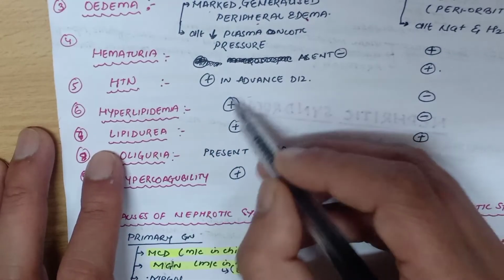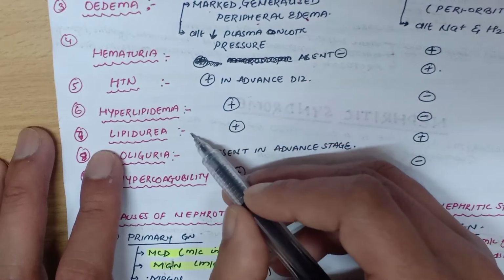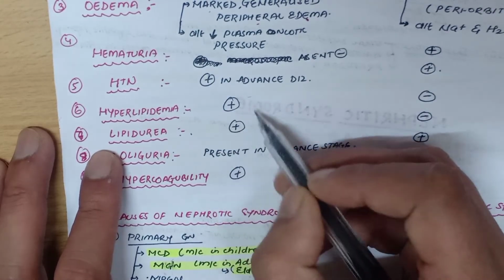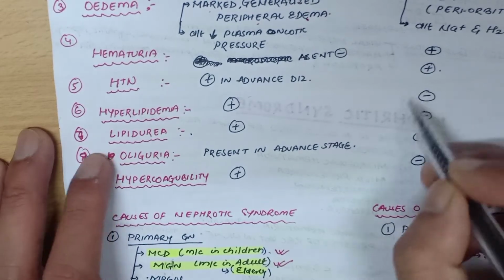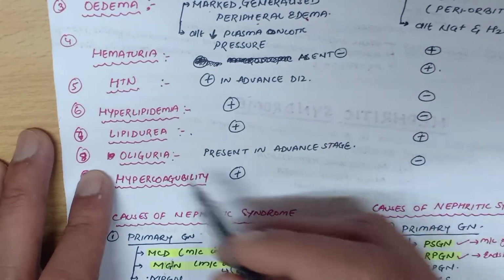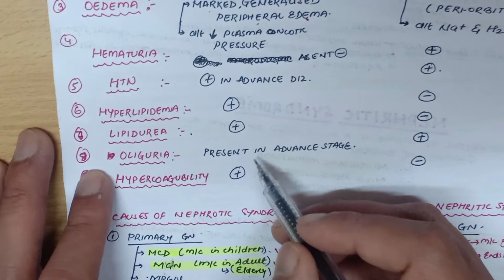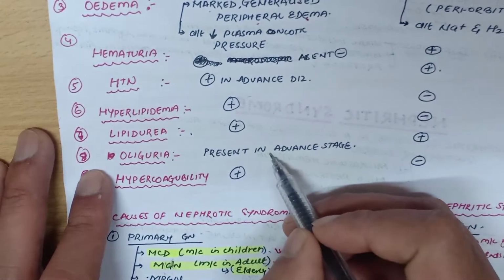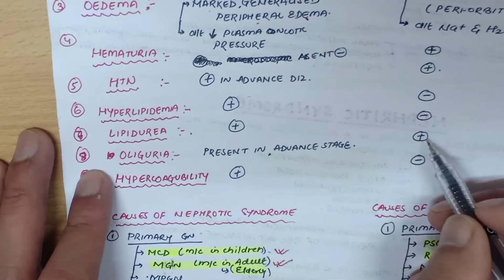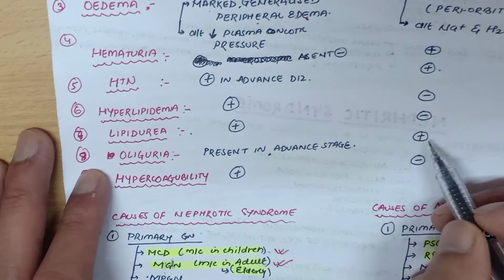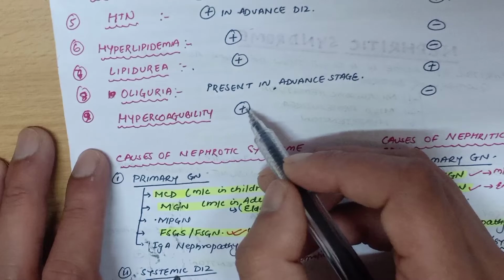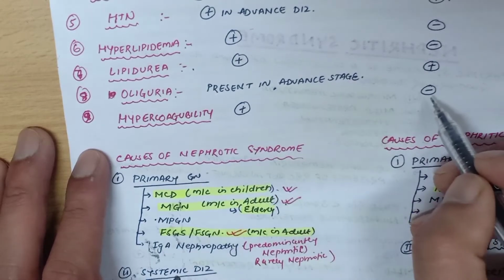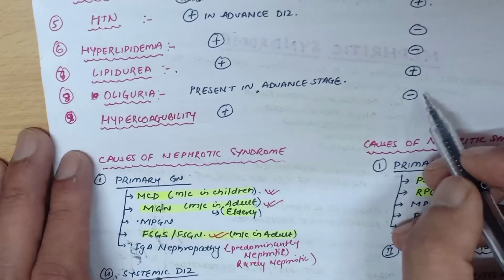So both are present in case of nephrotic syndrome, whereas it is absent in case of nephritic syndrome. Oliguria in nephrotic syndrome is present only in advanced stage, whereas in nephritic syndrome, oliguria is common. Hypercoagulability is present in nephrotic syndrome, whereas it is absent in case of nephritic syndrome.